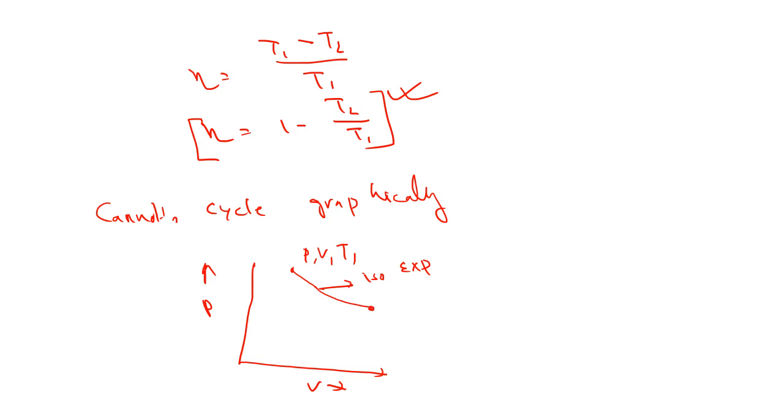Isothermal means our temperature must be same. So in the second process P2 V2, but temperature is T1. Because our temperature is same and the process is slow, that's why it is not that much sharp. Slope is not sharp. Our pressure is getting reduced here and volume is getting increased, so it neutralizes each other. That's why our temperature is same.